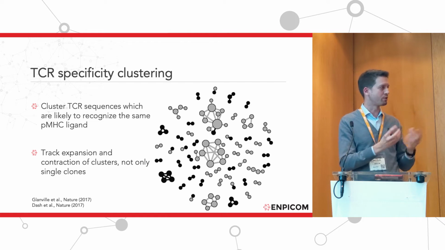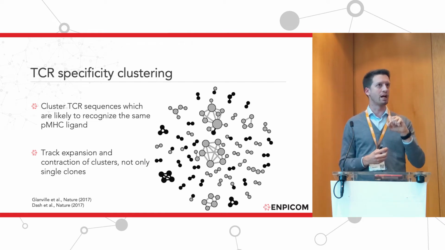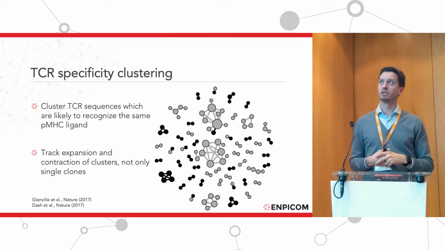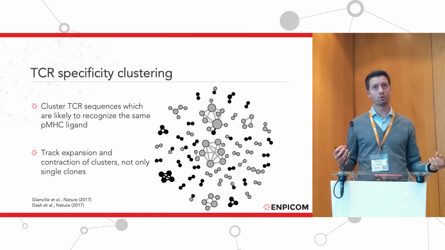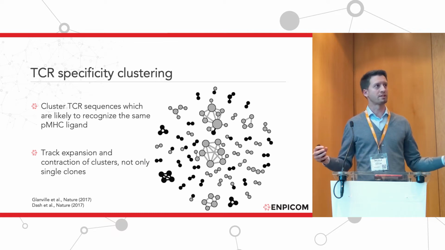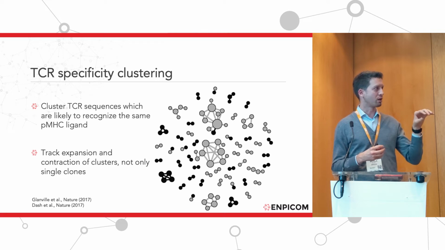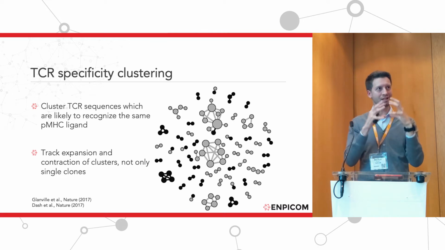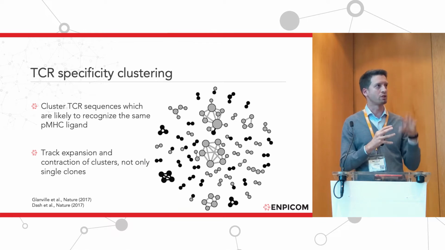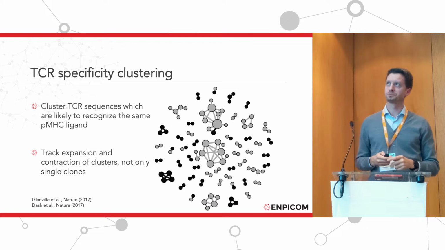So which group of different TCRs recognize, or are most likely to recognize, the same pMHC ligand. This is very useful when you're tracking clones through different longitudinal studies, because you're no longer tracking a single clone, which might undergo several fluctuations in your longitudinal studies, but you're tracking a cluster of clones which have the same specificity, and are therefore equally interesting for your treatment purpose.